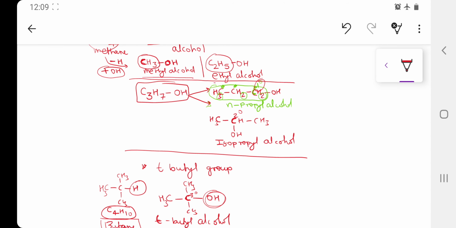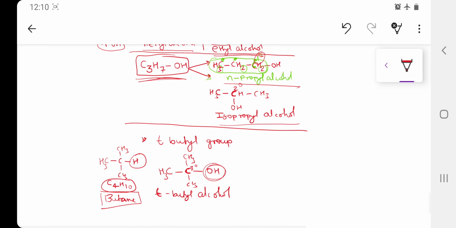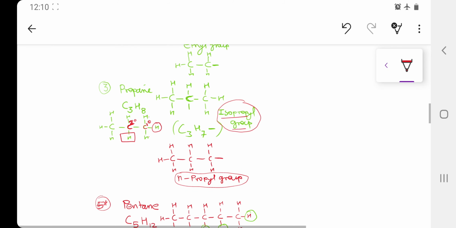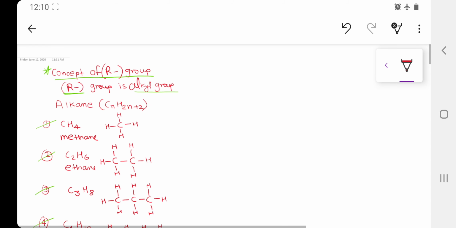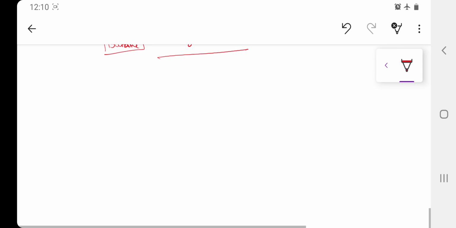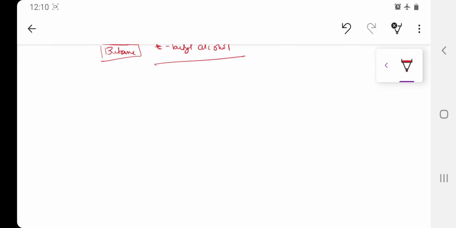Methyl alcohol, then ethyl alcohol. Then propyl alcohol has two types, N-propyl alcohol and isopropyl alcohol, and this extra group given to you is tertiary butyl alcohol.